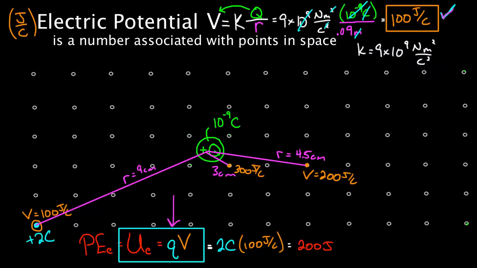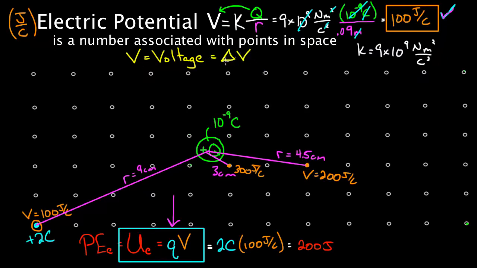You've got to be careful, though. Sometimes people get sloppy, and we use V for electric potential, and we use V for voltage. What's the difference? Are they the same? Not quite. Sometimes you can treat them as the same and you don't get into trouble, but sometimes it messes you up. Voltage is technically a change in electric potential between 2 points.